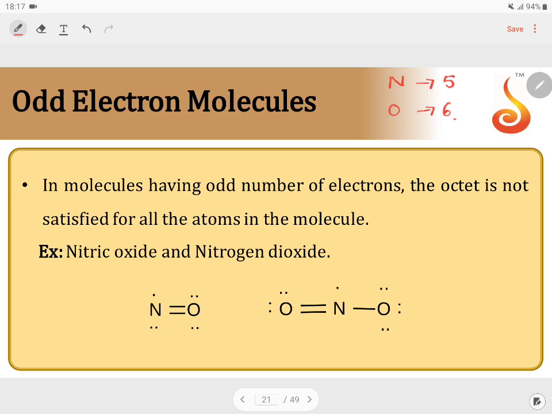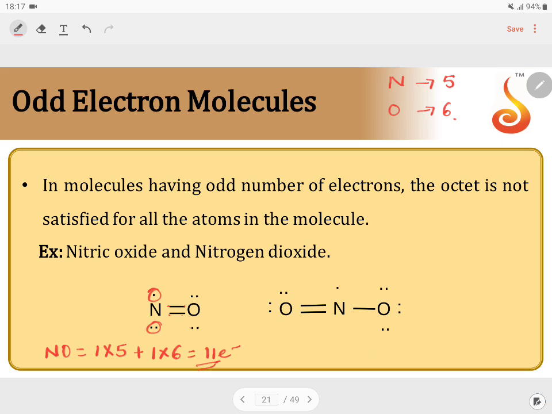Let us calculate the total number of valence electrons: 5 for the nitrogen plus 6 for the oxygen will be 11 electrons. Where is the octet here? There is no octet. It has an odd number. You can count it from the structure also: 2, 4, 6, 8, 9, 10, 11.